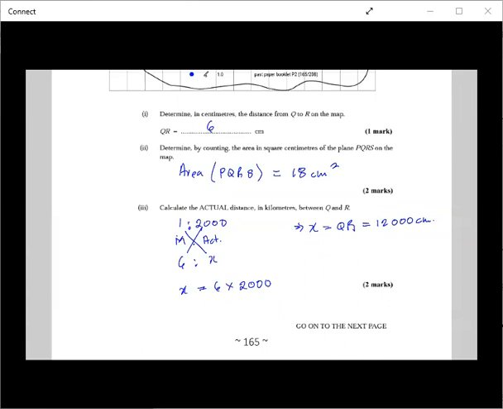So you have to divide this by 100,000 because it is 100,000 centimeters that is equal to 1 kilometer. The answer is QR is 0.12 kilometers. The length of QR is 0.12 kilometers.